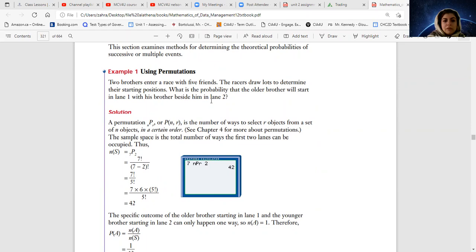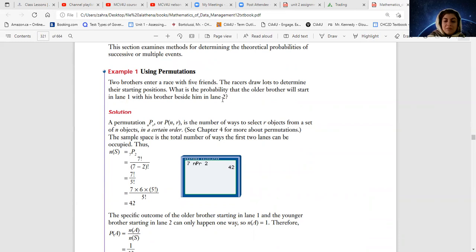Since there are 2 brothers and 5 friends, there's just 7 people. I want to make sure specifically the older brother is in the first lane and the second brother is in lane 2.